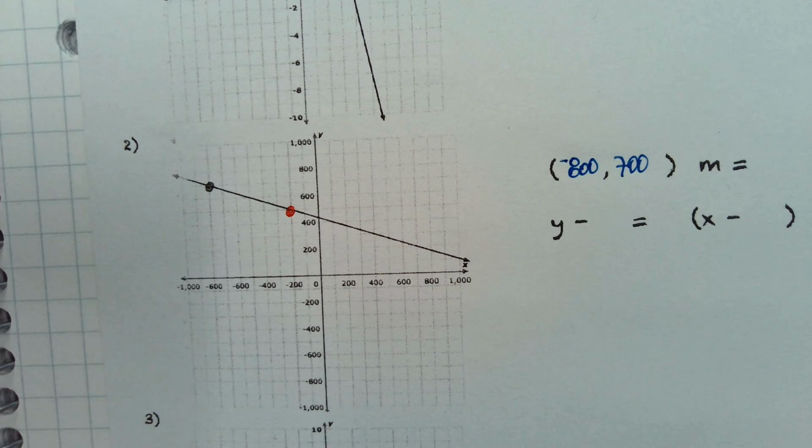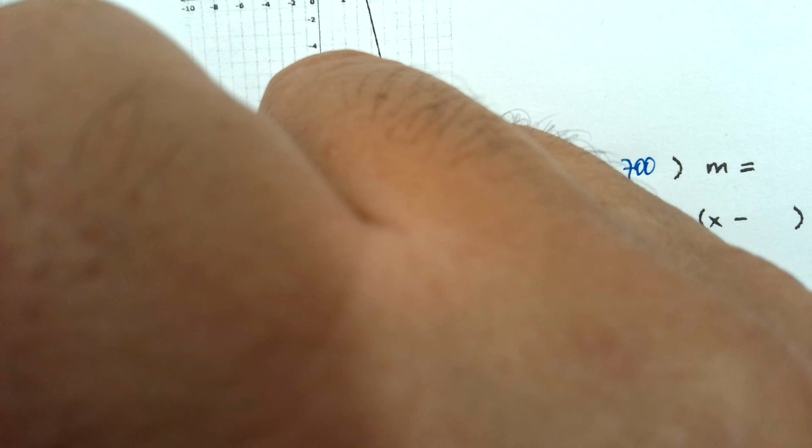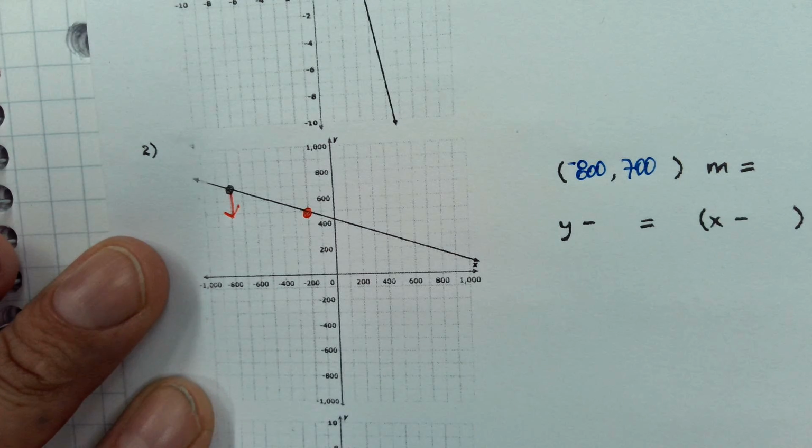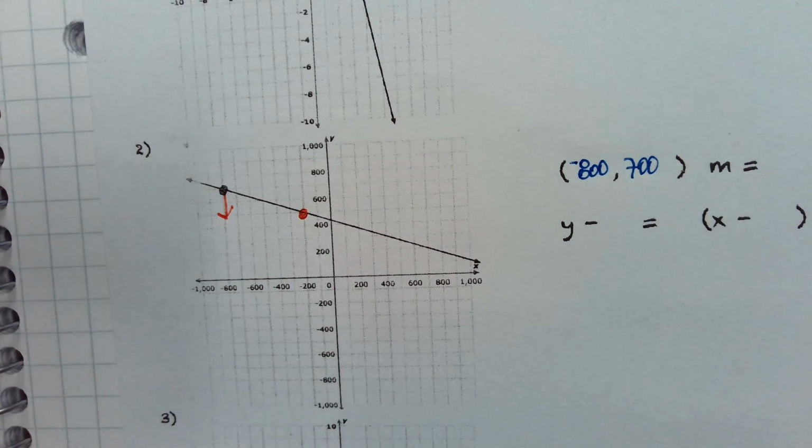Well, we go down two of these steps, right? So we're going down how much, though? Yeah, I'm just trying to space it out a little bit.